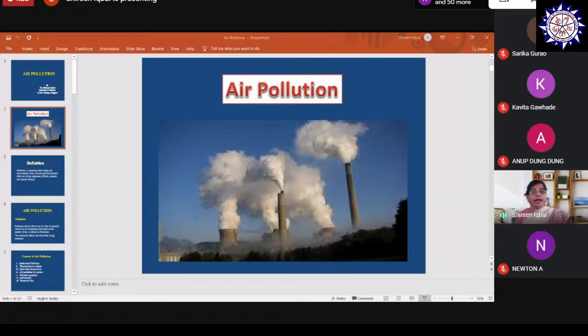Third, agricultural practices. Fourth, air pollution by nature. Fifth, volcanic eruption. Sixth, automobiles. And the seventh, domestic fire. We will discuss all these causes of air pollution one by one.